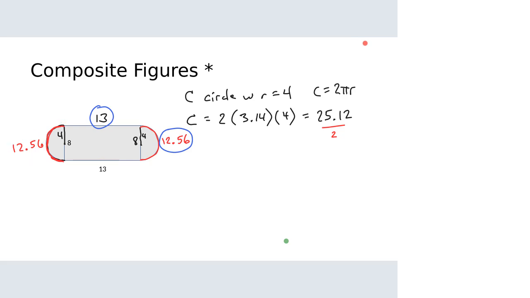So we'll add those up to get our perimeter. Let's see. 13 plus 12.56 plus 13 plus 12.56, 51.12. That's our perimeter.